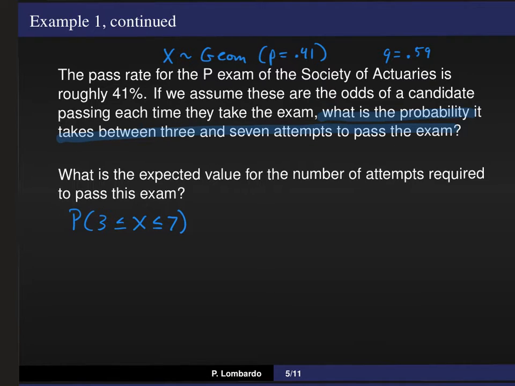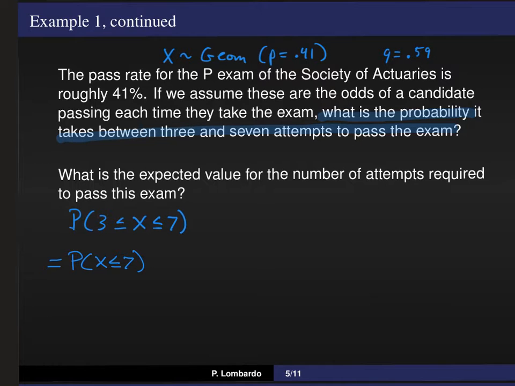Now, since we're dealing with this geometric random variable, what we want to do is compute this in a faster fashion by writing this particular probability as a difference of two cumulative distribution values. So if you think about how we might be able to do this, one option is to overcount our probabilities by looking at the probability that x is less than or equal to 7.